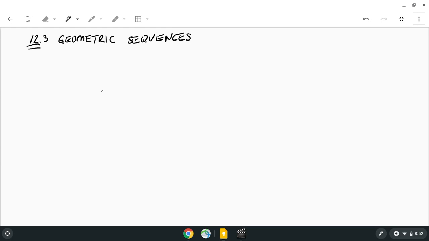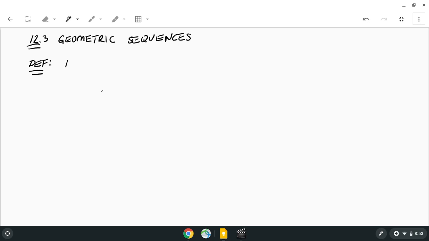All right, before we get into the formal nth term of a geometric sequence, let's start off with a simple definition and some examples, and then the formula. Okay, so definition here.